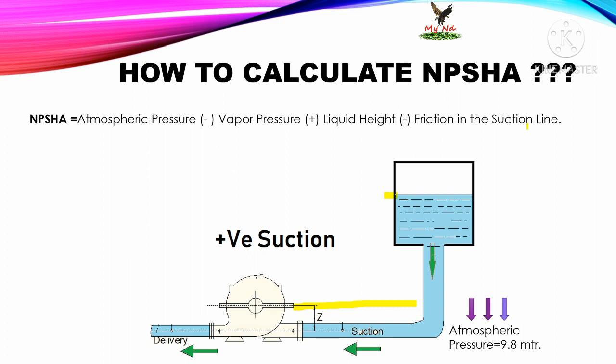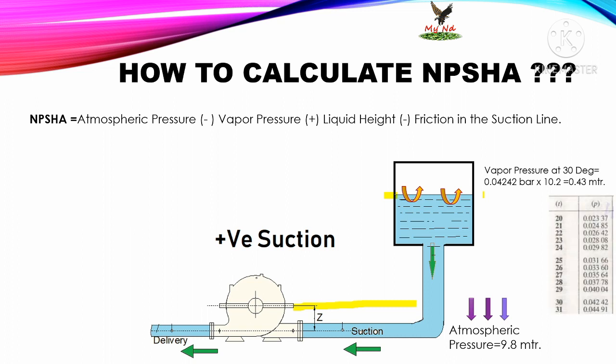Another term is vapor pressure. Every liquid vaporizes at a different temperature. Suppose our water temperature is 30 degrees. So what is the vapor pressure? You have to find the vapor pressure value in the steam table.